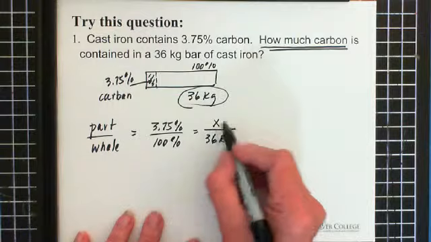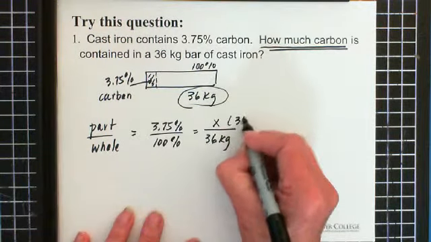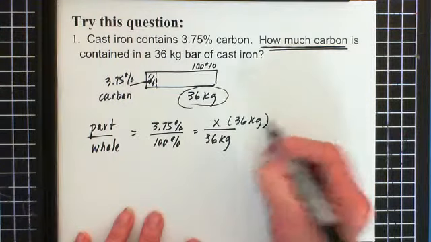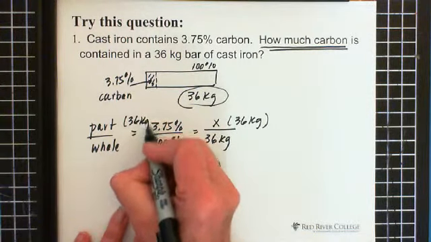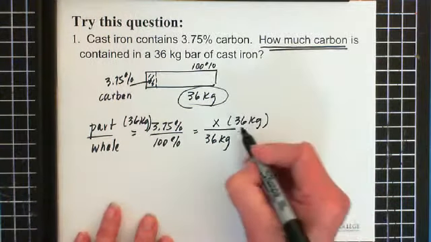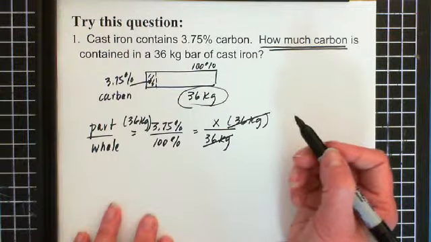So now we're trying to solve for x. What we're going to do is multiply this side by 36 kilograms. Multiply this side by 36 kilograms. Go back to this point. These two cancel.